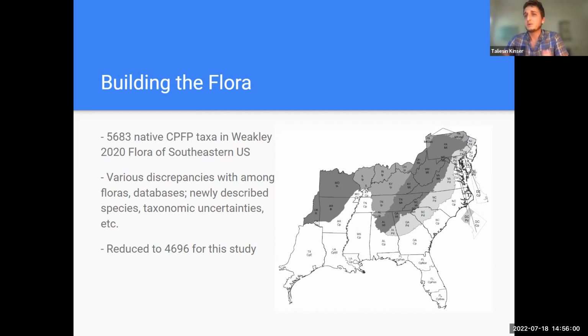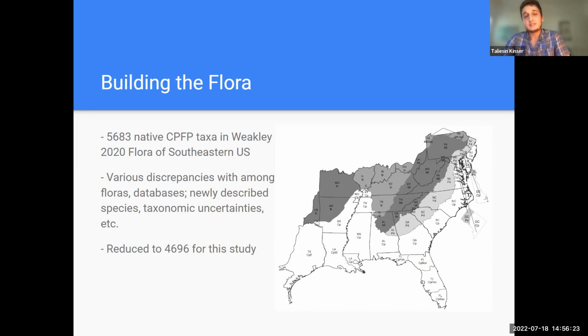This becomes important because we're drawing a lot of this data from different data repositories, which I'll point out in a minute, and the data that goes into those repositories might not always match some of the concepts of species that you're dealing with.